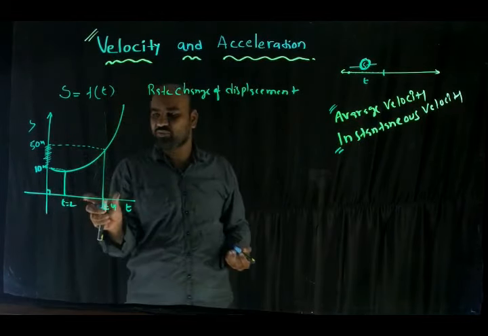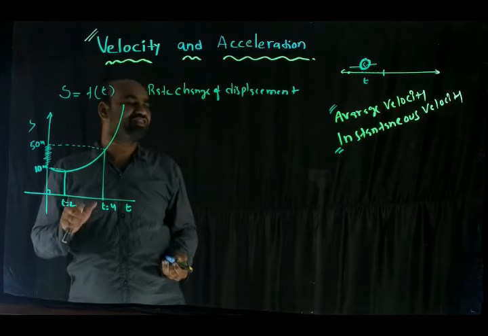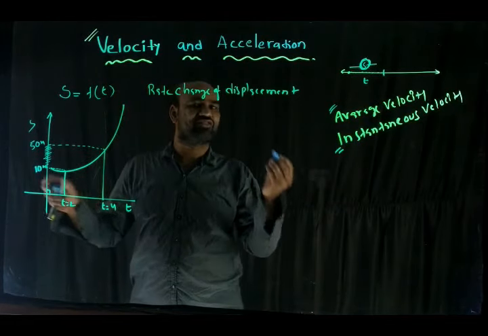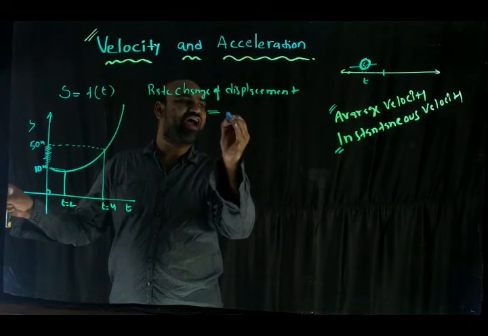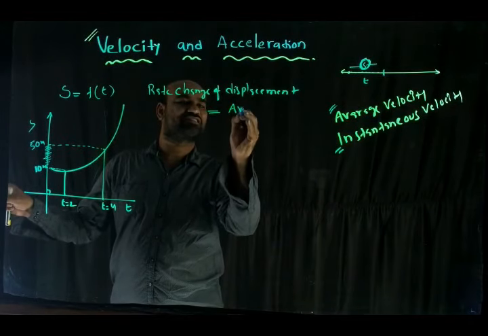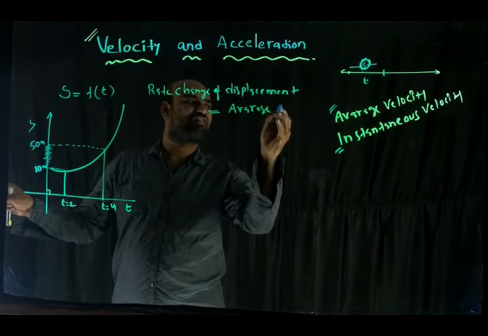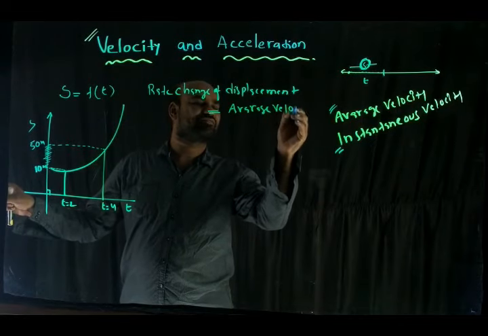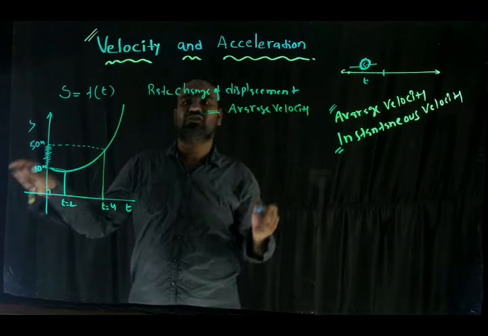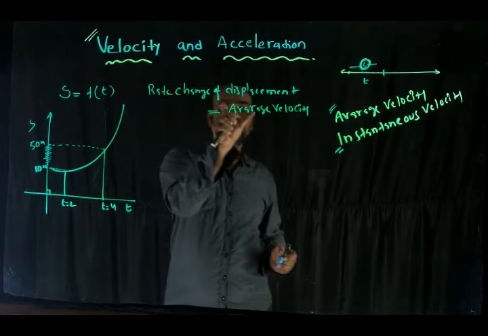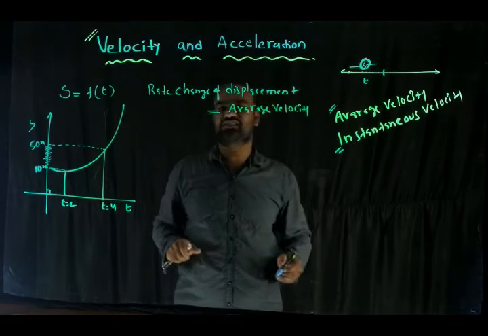With respect to time it is changing, no? The rate of change of displacement with respect to time is known as average velocity. Understood? Rate of change of displacement is called average velocity.